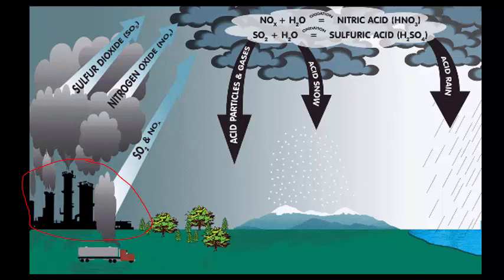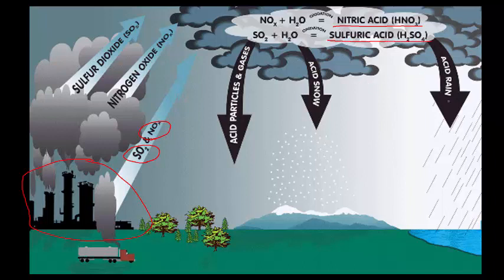A couple of the byproducts are some sulfur oxides, we call them, and nitrogen oxides, which are gases that go up into the atmosphere. Turns out when those two gases react with the water that's in the atmosphere, in the clouds, they will produce two extremely strong acids, nitric acid and sulfuric acid.